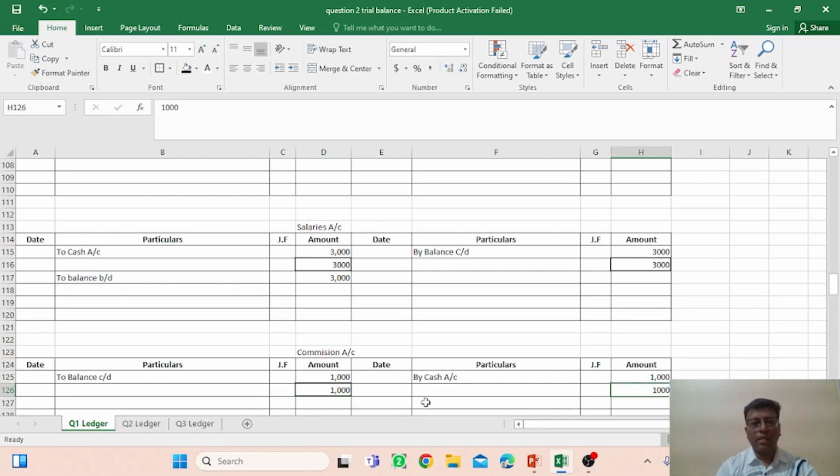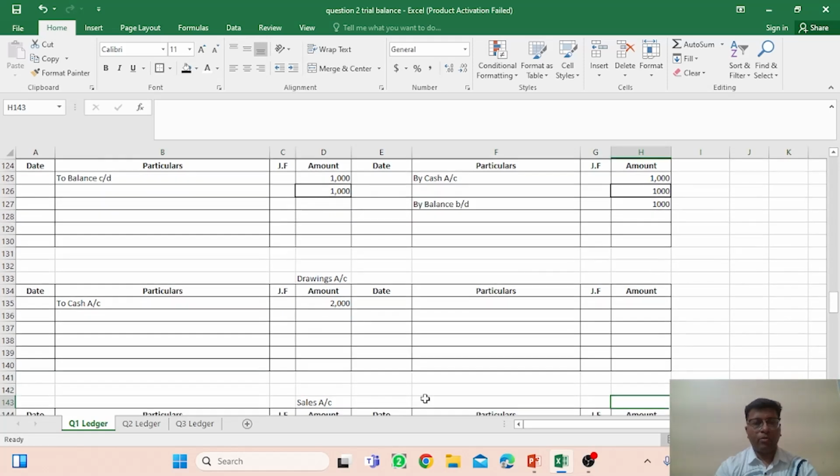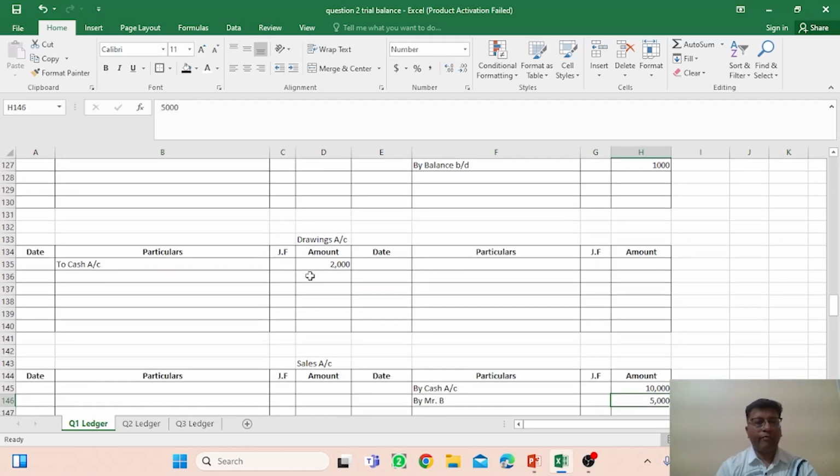And in the credit side you have to write by balance BD rupees 1,000, and now two accounts are left, so we have to close these accounts as well, 2,000 and 2,000, right?